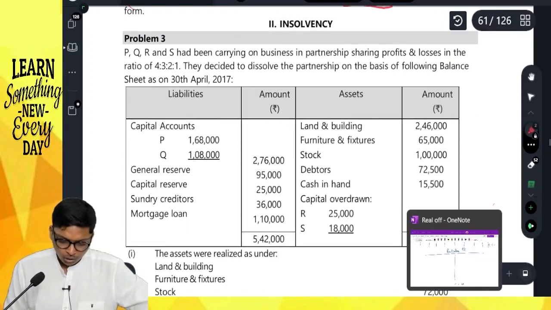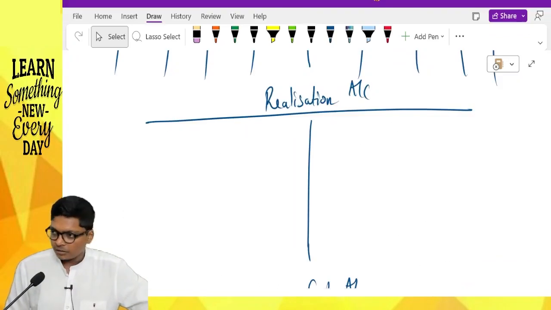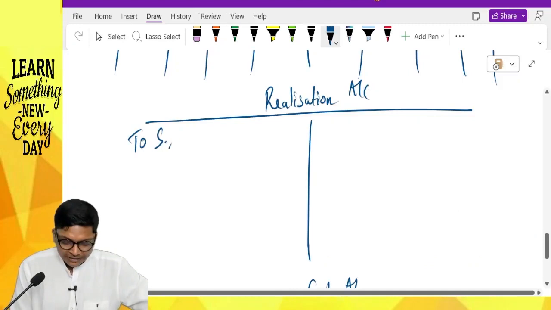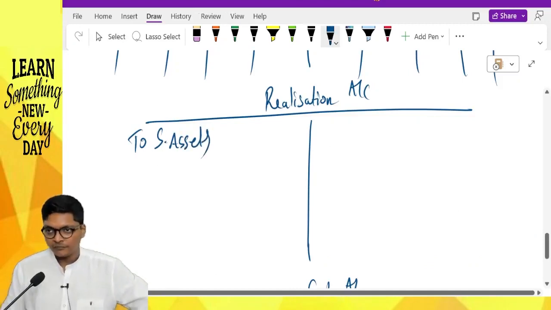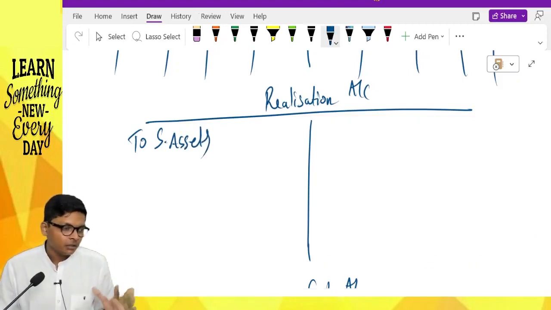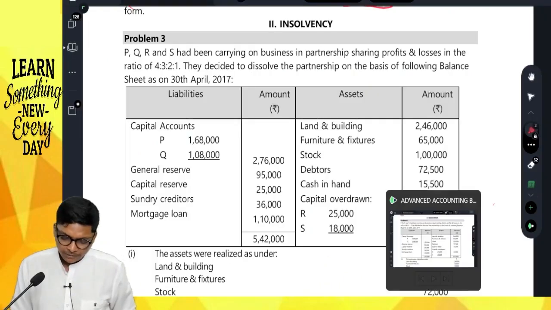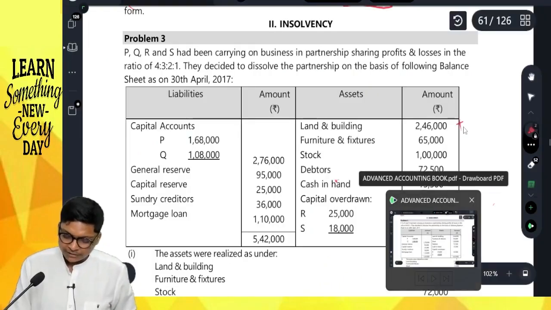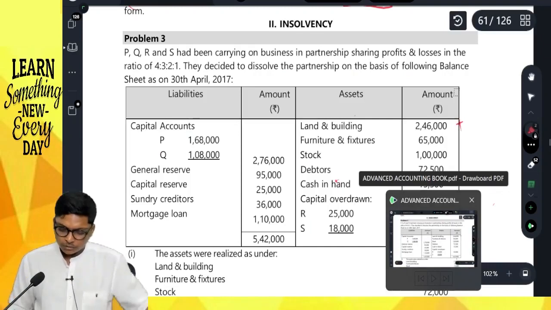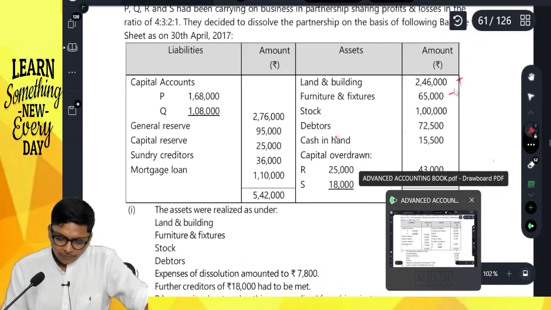So, transfer all the assets, correct? I will write what? To sundry assets. You please write them in detail. We have done the same thing in amalgamation. To sundry assets: 2,46,000 plus 65,000 plus stock plus debtors. Only these 4.